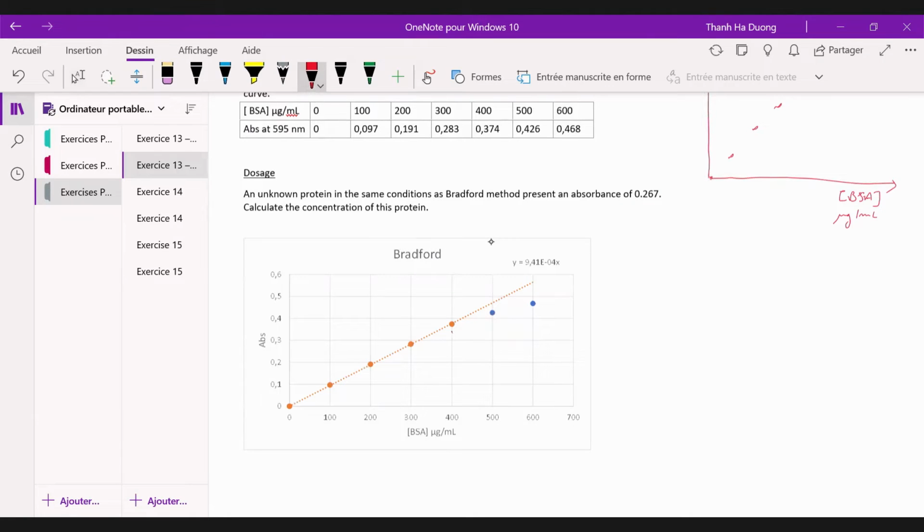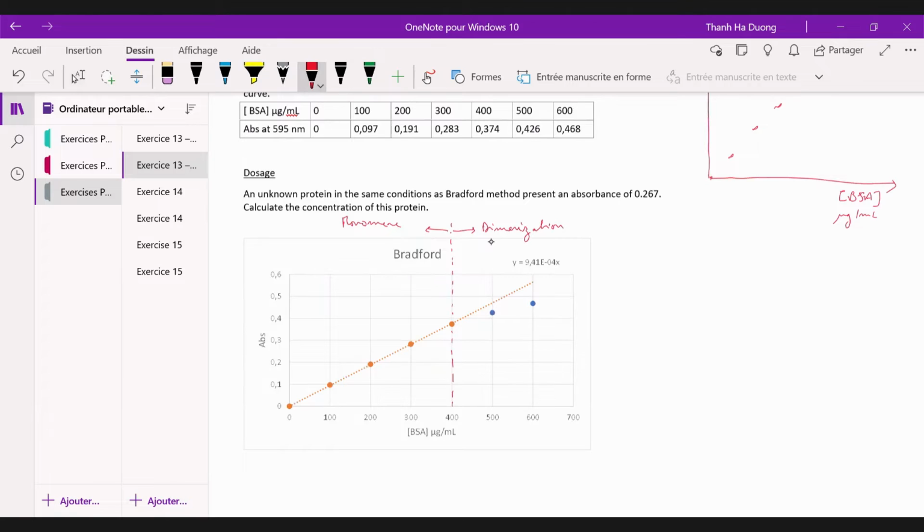Because when you increase the concentration of your protein, you can have dimerization. At low concentration you have monomer, and the monomer and the dimer are not the same species, so the absorption coefficient is not the same.